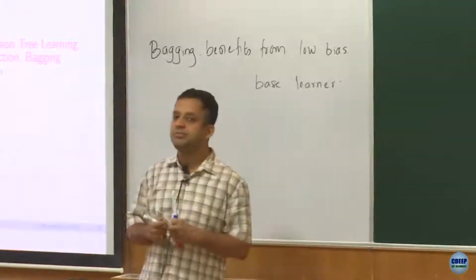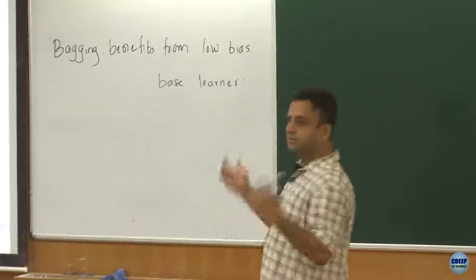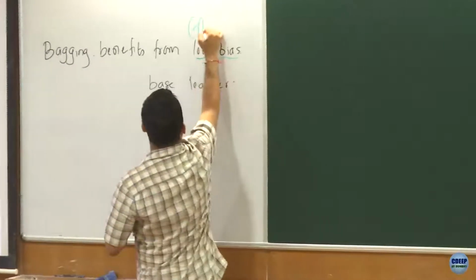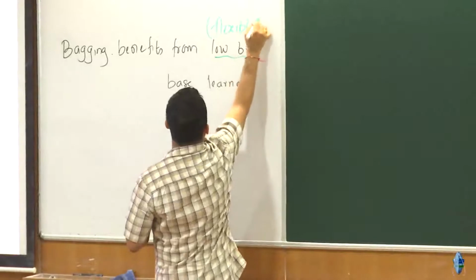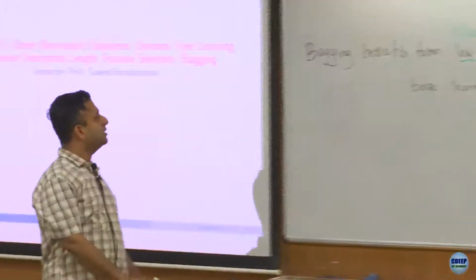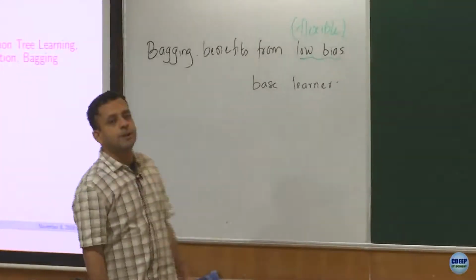So low bias basically means that the base learner has enough flexibility. Very simply, we mean a flexible base learner. And it turns out that decision tree is one natural choice.